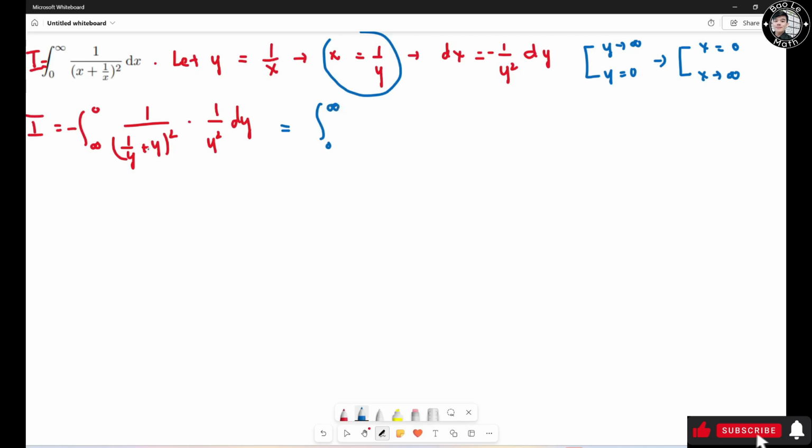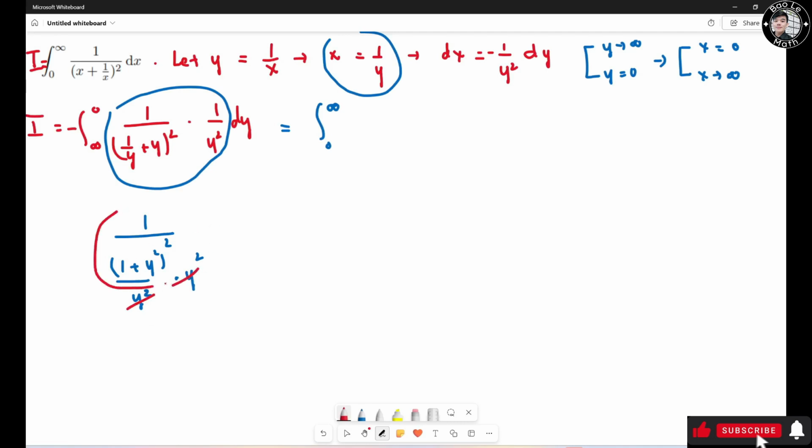Now I need to simplify this one. This guy turns out to be 1 over 1 plus y square over y square, right? Times y square, right? So this guy cancel out. So I have this guy left, right?